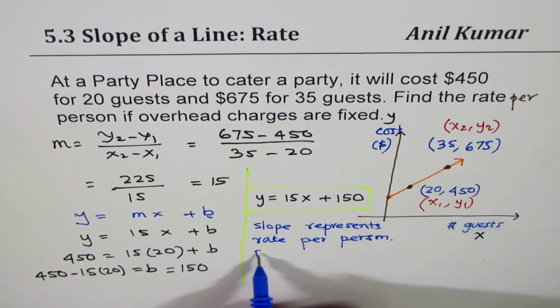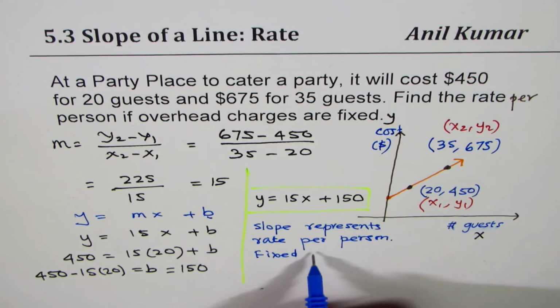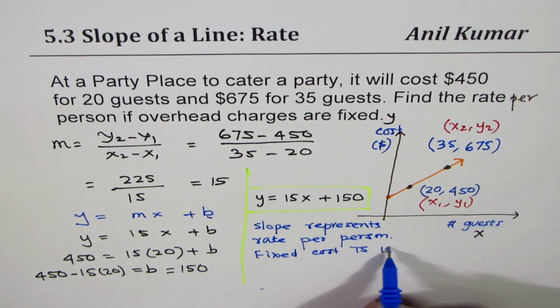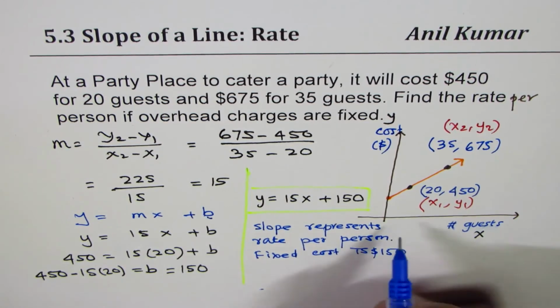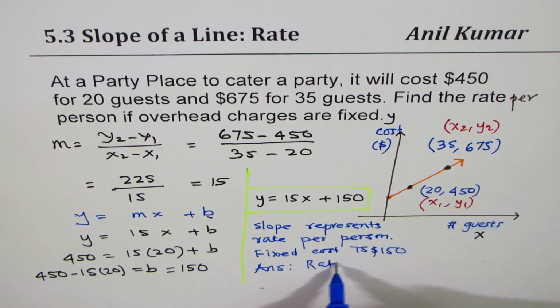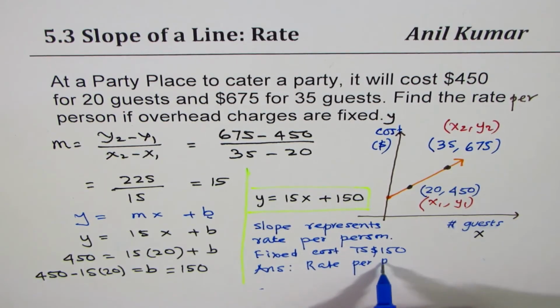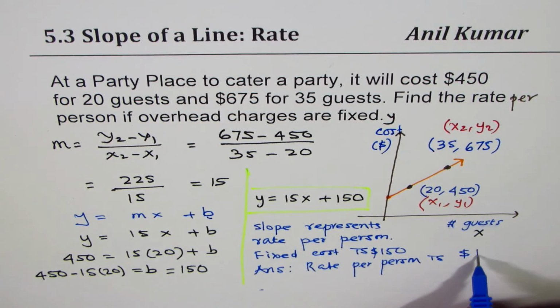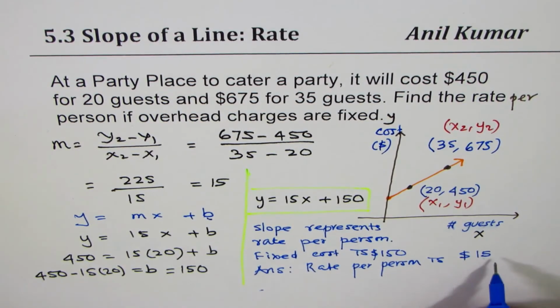The fixed cost is $150. So we can write down our answer: the rate per person is $15.